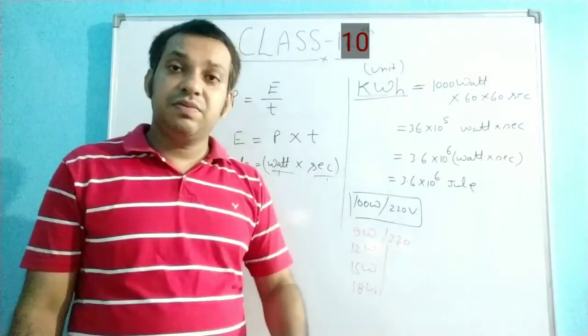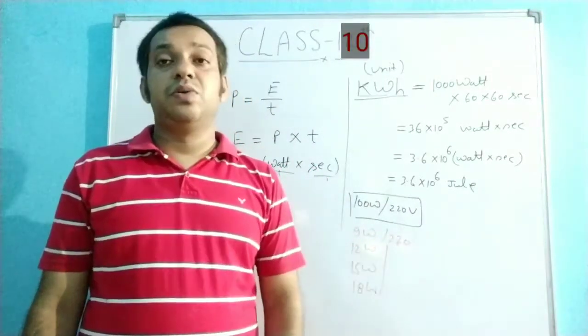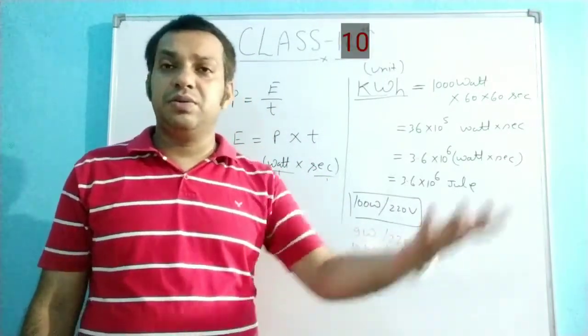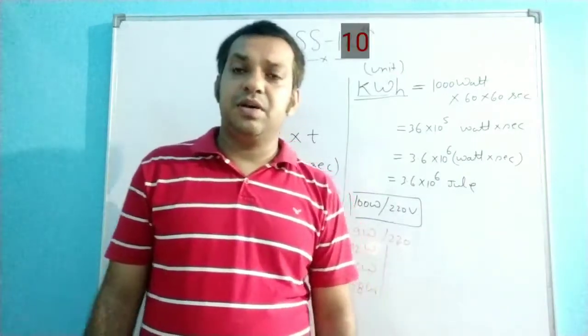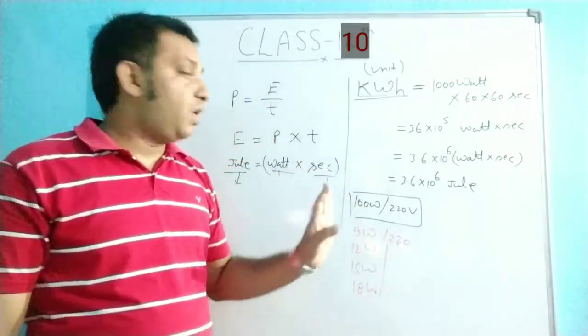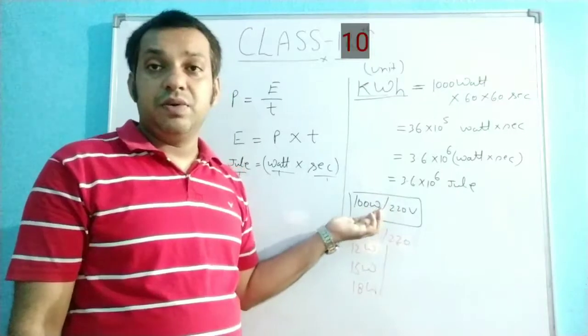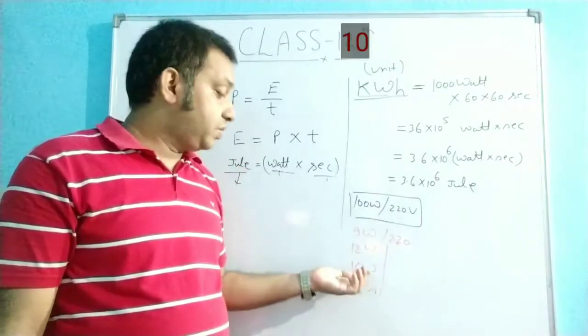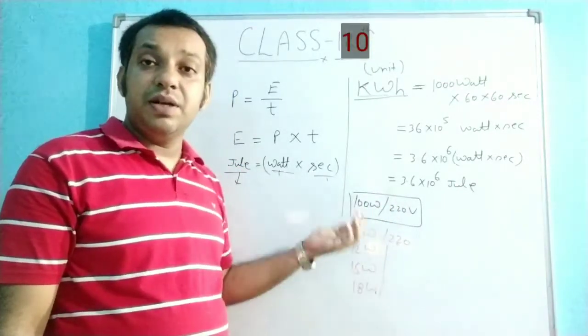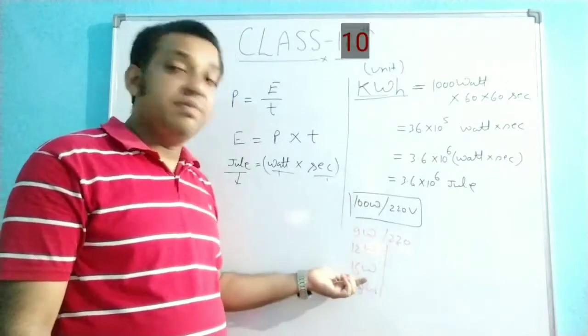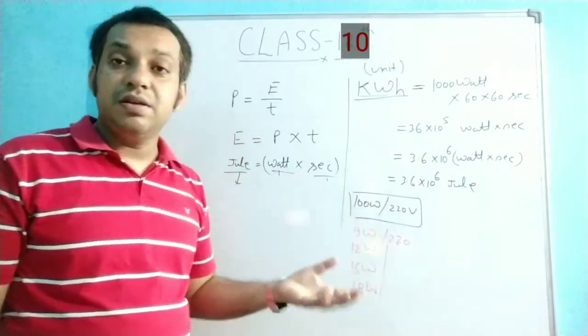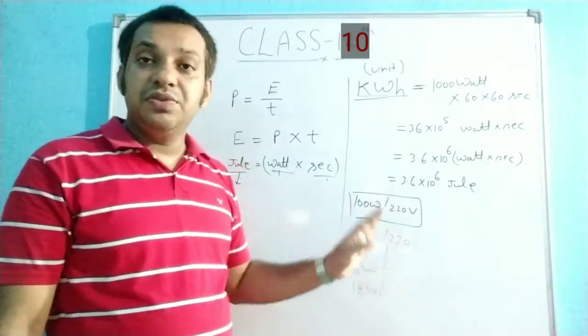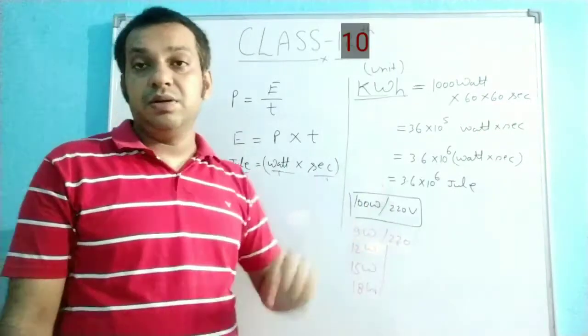That is why LED bulbs have become more popular. Nobody is using the yellow type bulb now, because its power rating is very high, 100 watt. You can use around 6 or 7 LED bulbs of 15 watt in the same amount of energy taken by the 100 watt bulb.